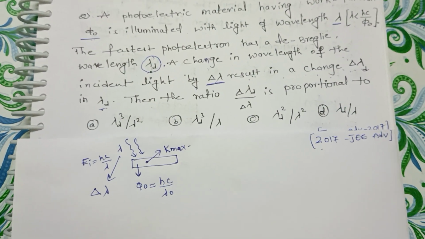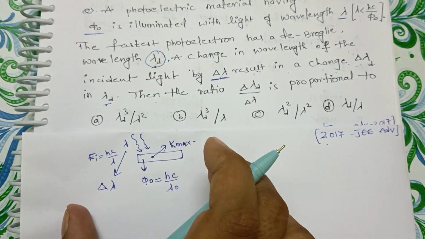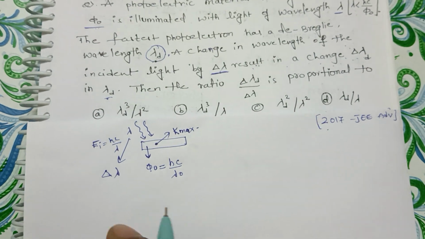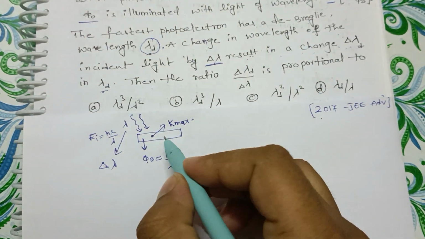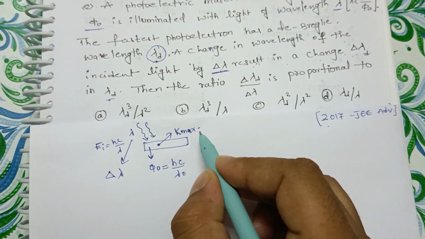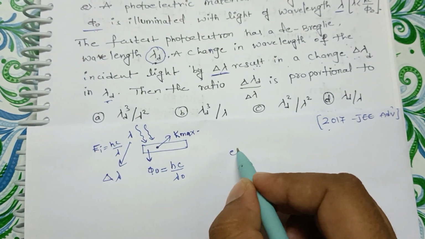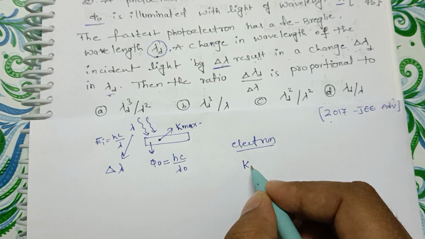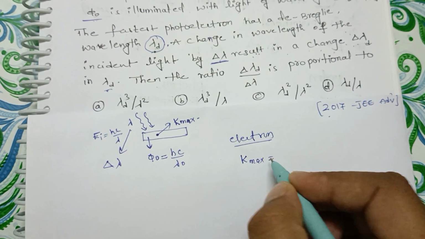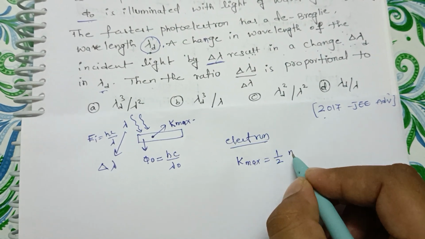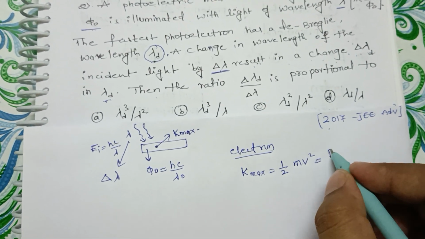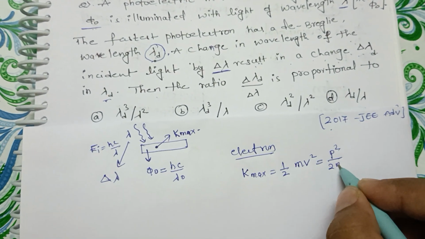Look at this diagram, we will analyze it one by one. First, the electrons are coming out. Electrons are particles, so please draw electrons. The electron will have maximum kinetic energy, which you can write as 1 by 2 mv square, where v is the speed of the electron, or in terms of momentum, p square by 2m.